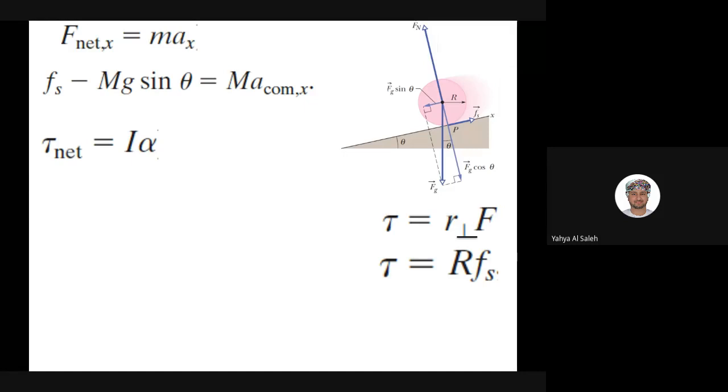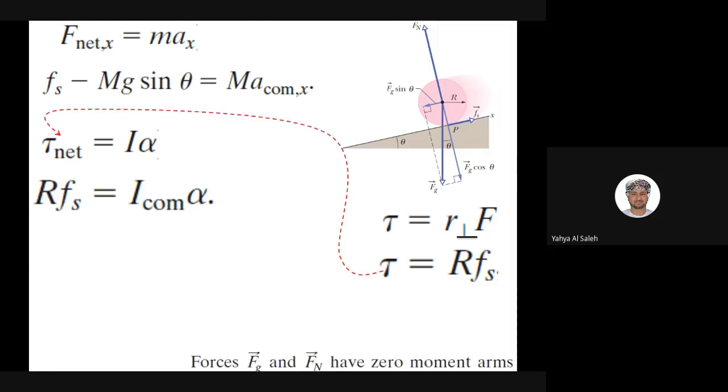It's one radius away at the contact point. So my torque is Fs, and the R, the moment arm, is my radius. Let's put it back. R Fs equals I com alpha.